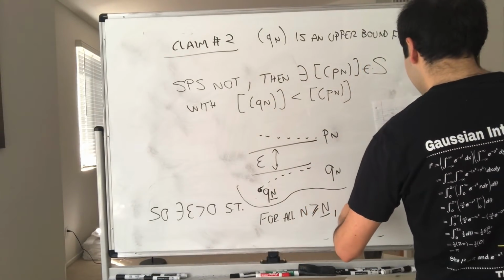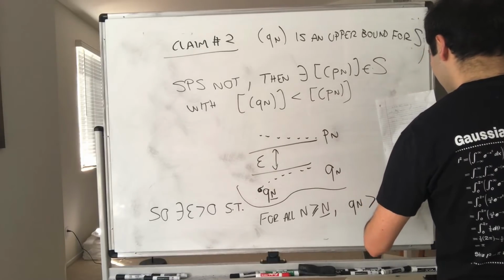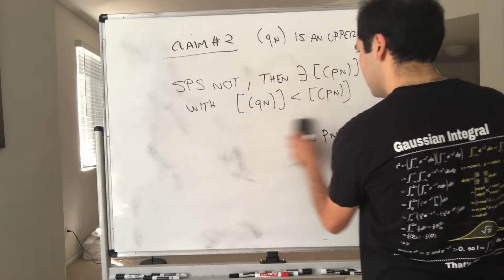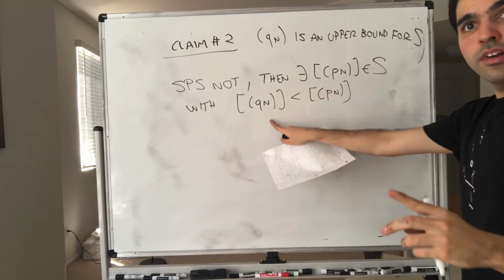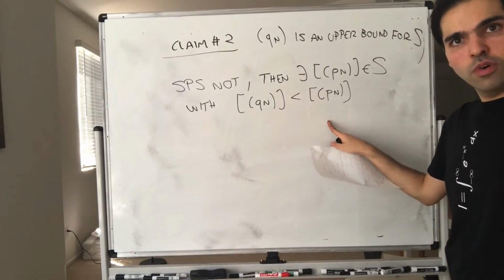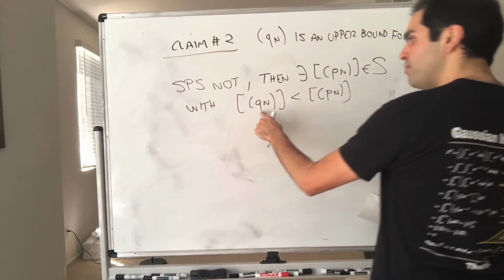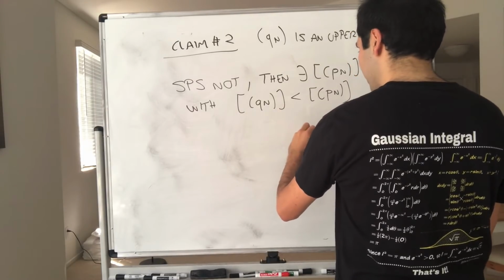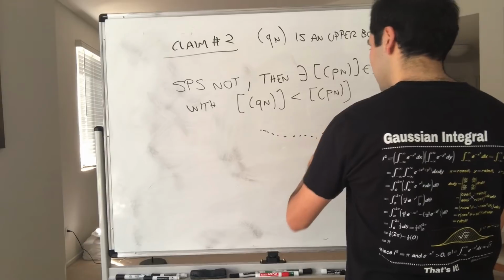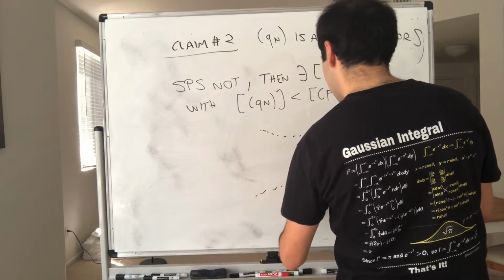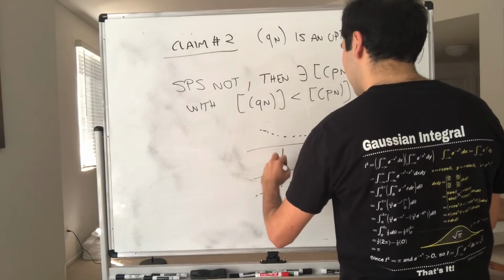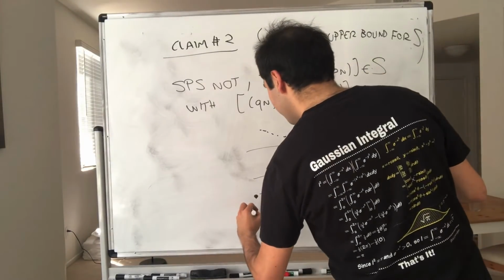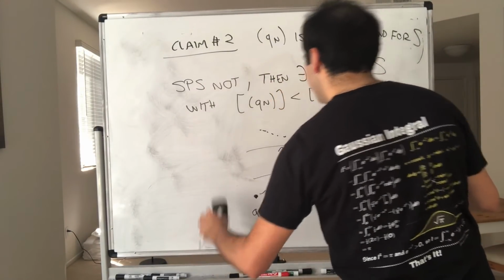We know that Pn is bigger than Qn. Now remember, there is a very specific notion of less than here. We don't only mean that Qn is less than or equal to Pn, but really we mean it's uniformly less than. So in other words, if this is Pn and this is Qn, they're at least epsilon apart for some epsilon. And since this is true for all n, it also means that Pn is bigger than Q capital N.